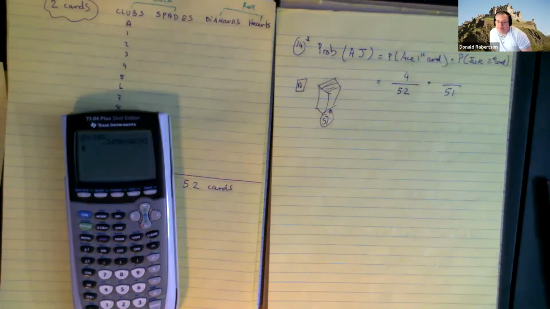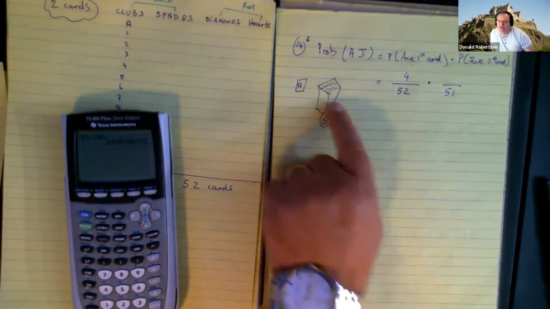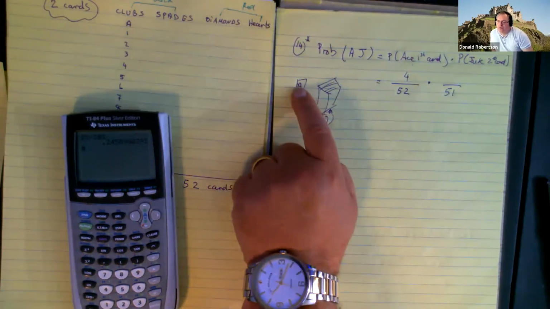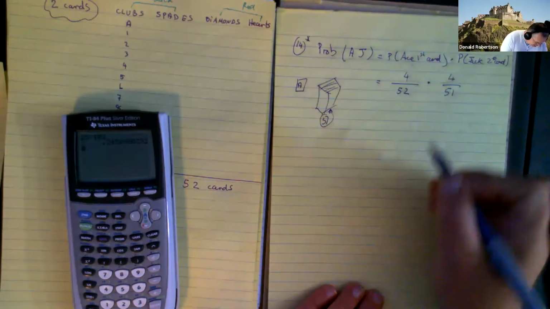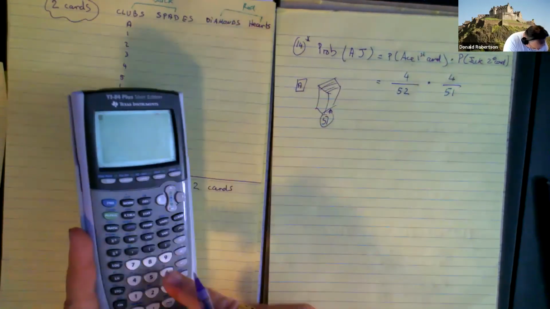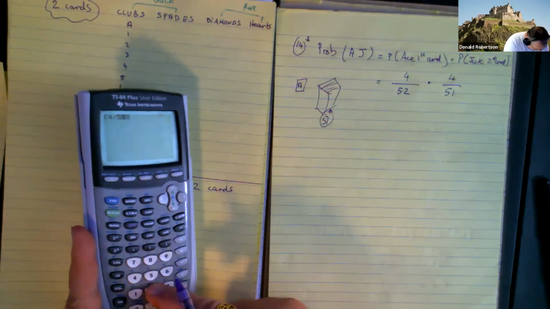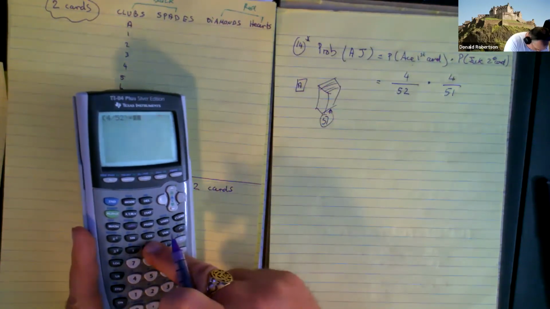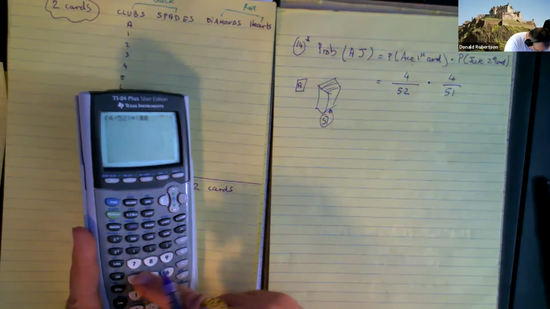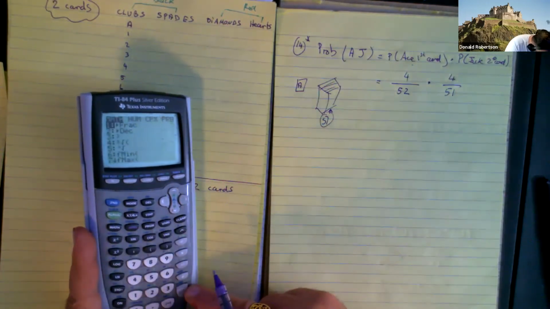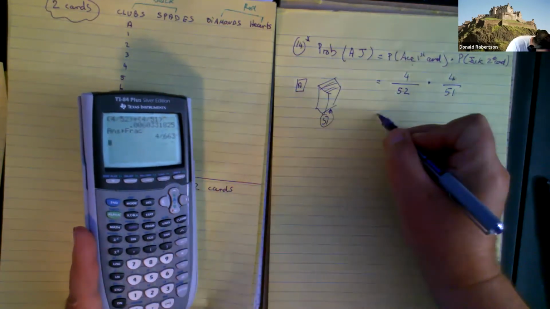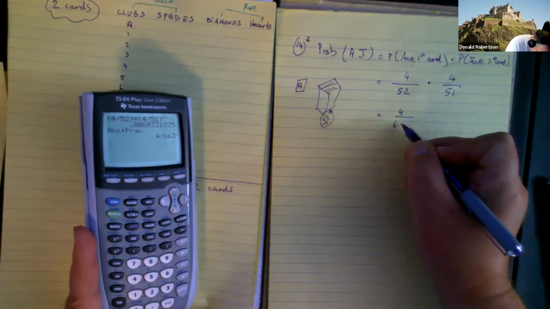How many of the 51 cards are jacks based on the fact that the first one was an ace? How many jacks do I have? 4. And if you put that combination together, you get 4 divided by 52 times 4 divided by 51, and then make it a fraction. You get 4 out of 663.